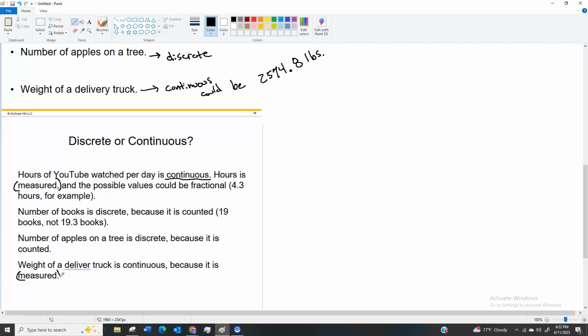So measured is typically continuous, and counted is discrete. If it's counted, they're calling that discrete most of the time, and if it can be measured, it's continuous. Continuous because it's measured, discrete because it's counted.